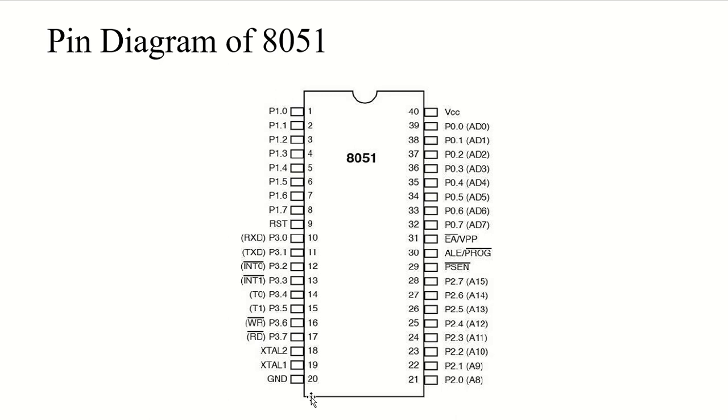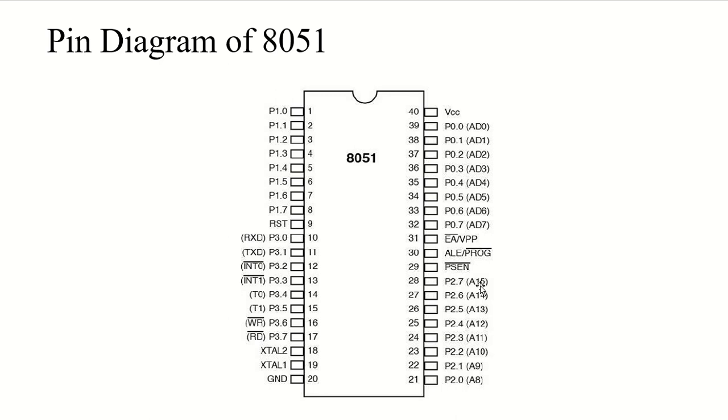After that, we have pin number 21 to pin number 28. As you can see, it goes from P2.0 to P2.7, so it goes from A8 to A15. If you have studied the address and data buses, then you would know what this is, right?